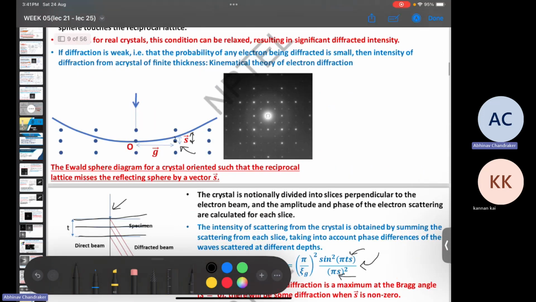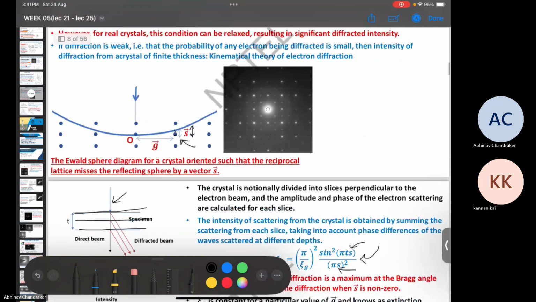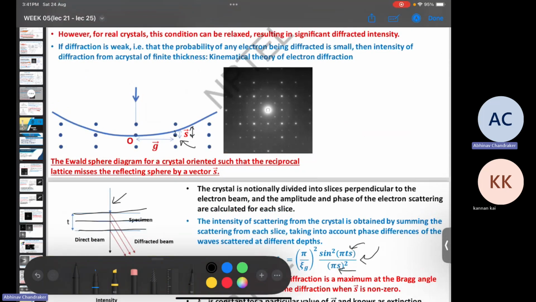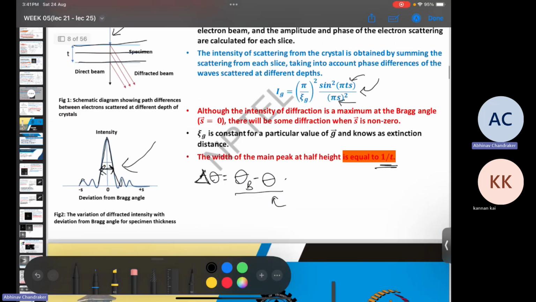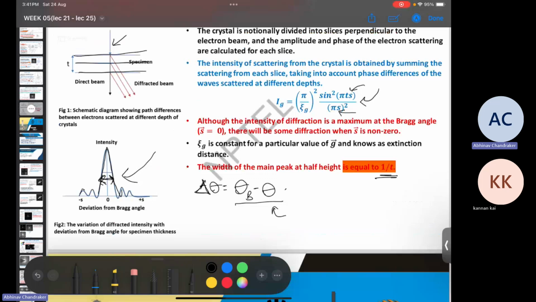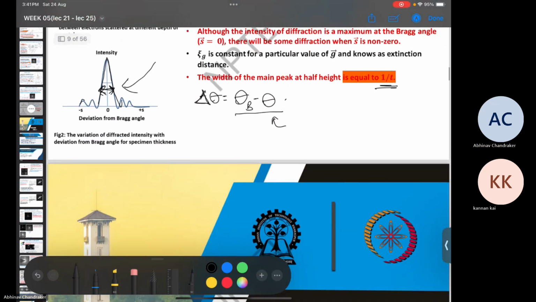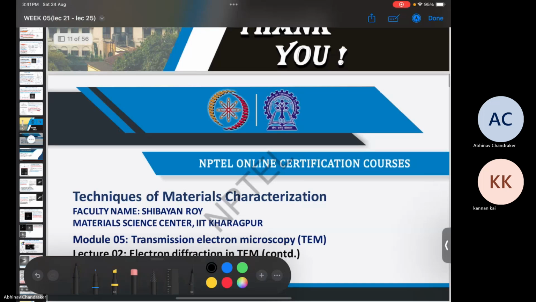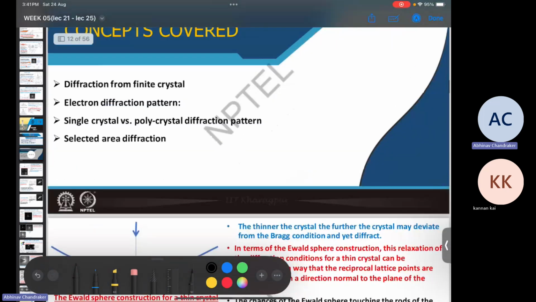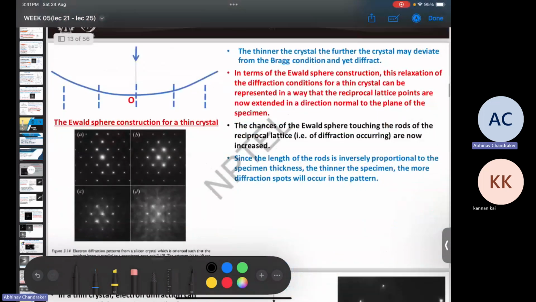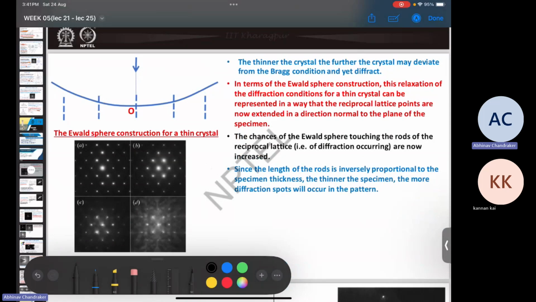But the major takeaway of this slide is that if you have a thin crystal, then you will get more diffraction spots, because even if the sphere is not exactly touching the reciprocal lattice points, due to this broadening you will still be able to see some peaks. So even if theta is a bit different from the Bragg angle, diffraction spots will still be visible.